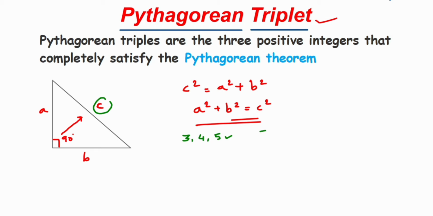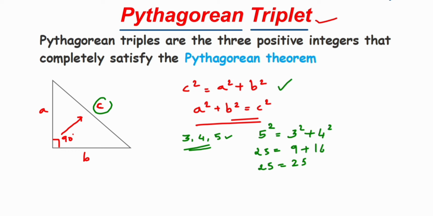According to this, A square plus B square is equal to C square, so it should be 5 square is equal to 3 square plus 4 square. Now let us check if we are getting the correct answer or not. 3 square is nothing but 9, 4 square is 16, so 9 plus 16 is 25. Similarly, we know that 5 square is 25. Yes, it is satisfying. So it means that 3, 4, 5 are nothing but a Pythagorean triplet or Pythagorean triple.